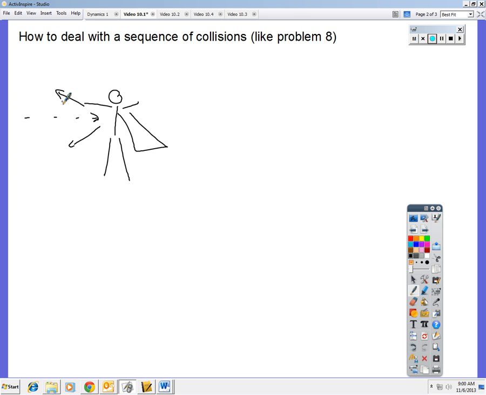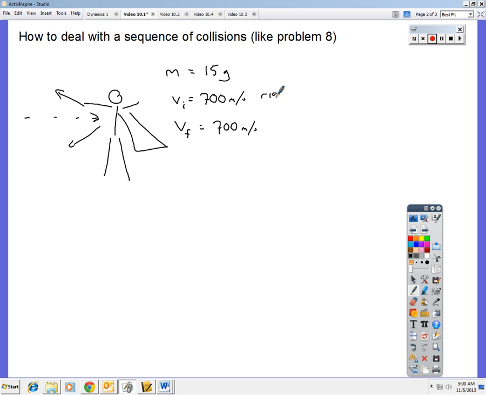Everyone knows that. Let's say the bullets each have a mass of 15 grams, and an initial velocity of 700 meters per second, and they bounce off going 700 meters per second in the other direction.